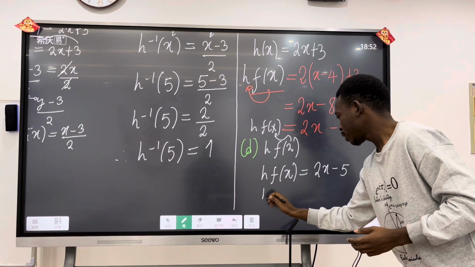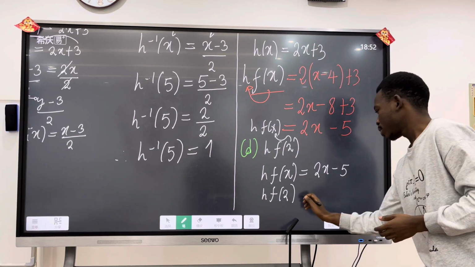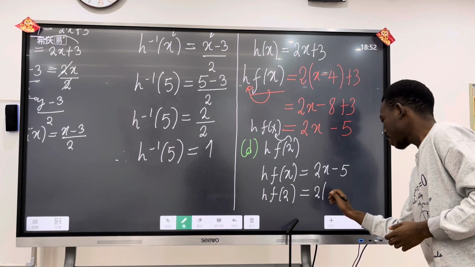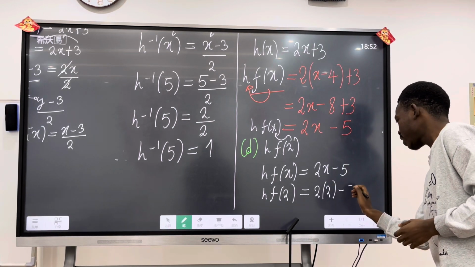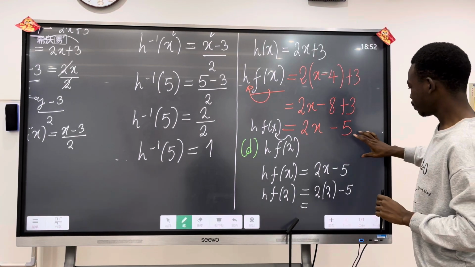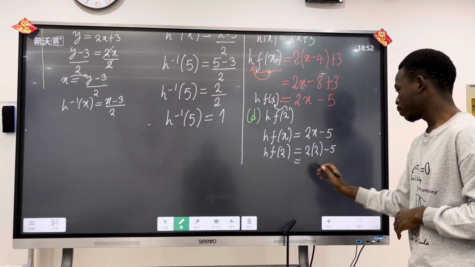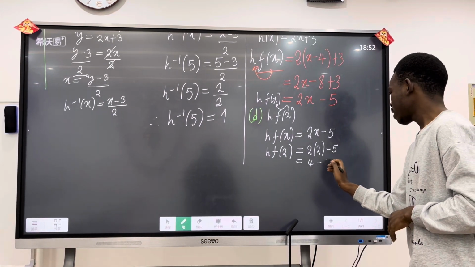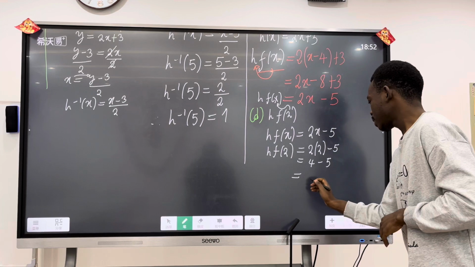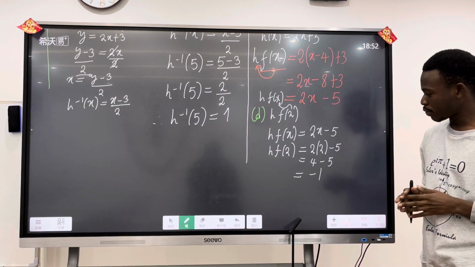So we're going to have h of f of 2 equals 2, where there's x, we should put 2 there, minus 5. So it's just a matter of simplifying now. 2 times 2 will give us 4, minus 5. So basically the answer will be negative 1. So this is how you are supposed to do this question.